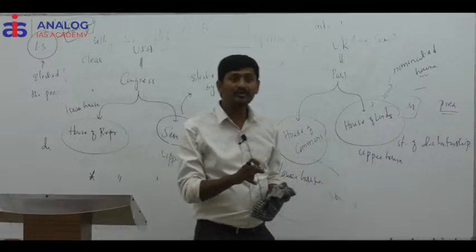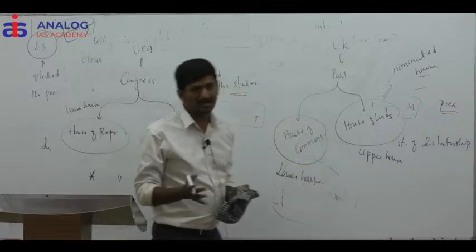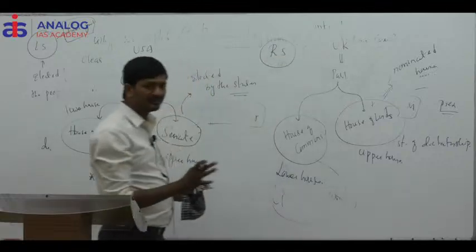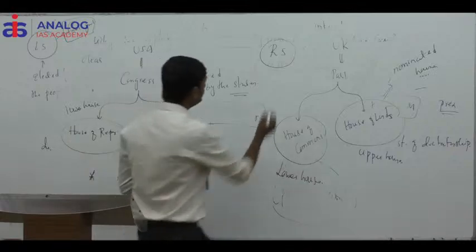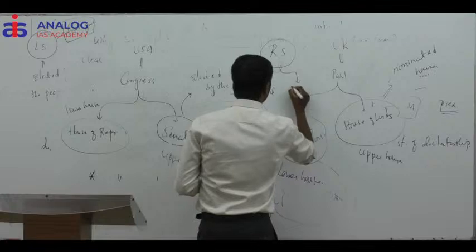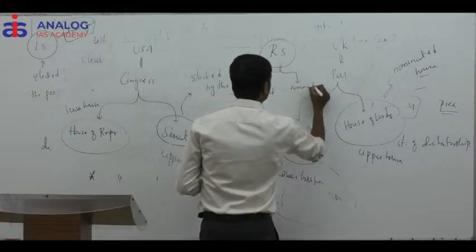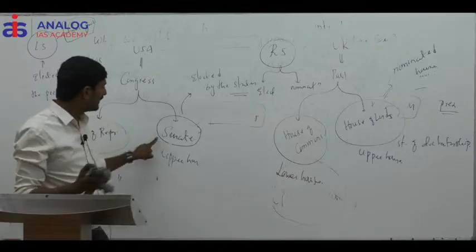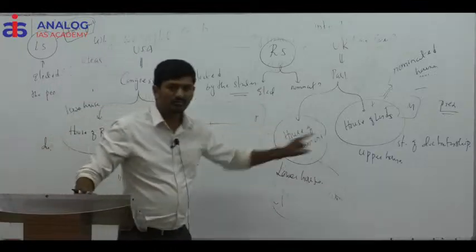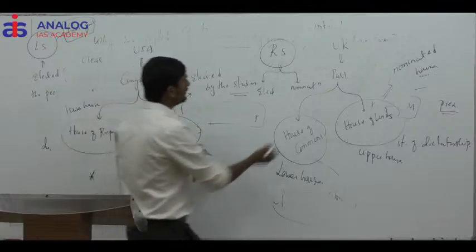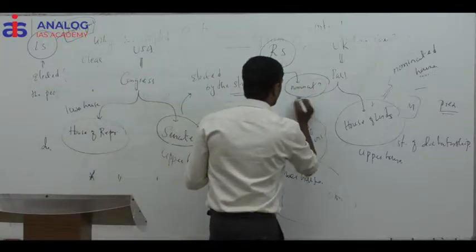But what is upper house in India? Rajya Sabha is the upper house. How is Rajya Sabha constituted? Both by means of elections and also by means of nomination. So it means Indian Rajya Sabha is a hybrid between American Senate and House of Lords of UK. How many members of Rajya Sabha are nominated? 12 members are nominated.